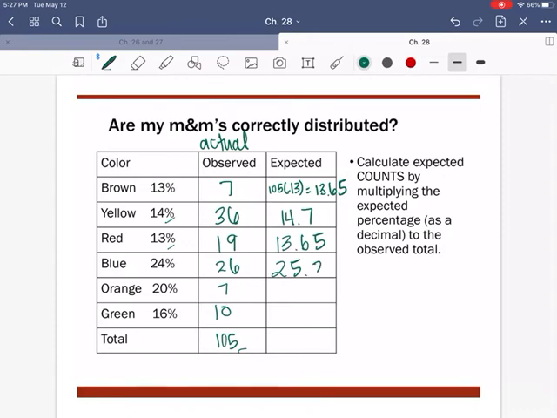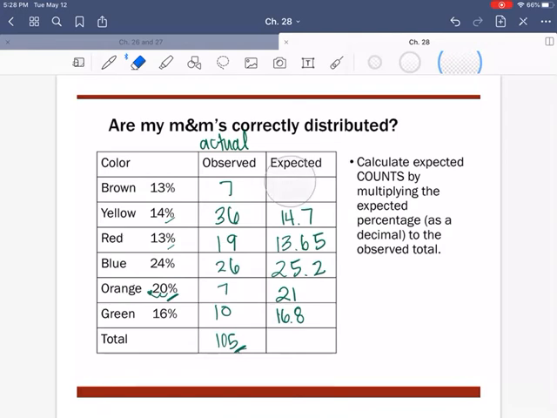We already did 13%. So I'm just going through and multiplying this as a decimal by this number.